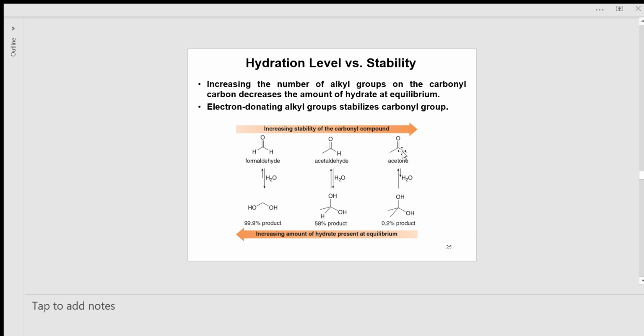So this one is less reactive but more stable. But for the aldehyde, these two hydrogens will not donate any electrons towards this carbonyl carbon. So this carbonyl carbon is very reactive towards the addition of water.